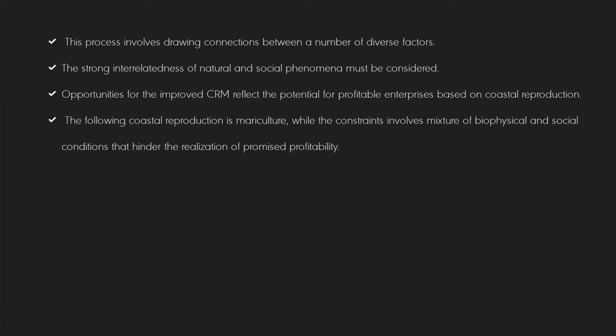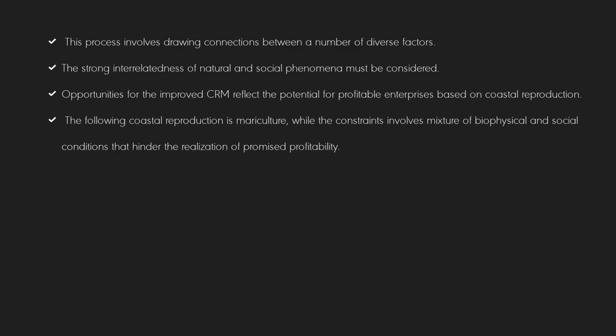This process involves drawing connections between a number of diverse factors. The strong interrelatedness of natural and social phenomena must be considered. Opportunities for improved CRM reflect the potential for profitable enterprises based on coastal resources.